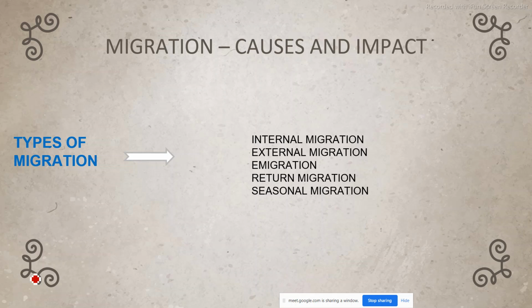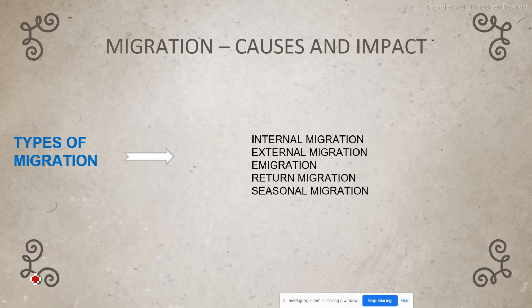Their headquarters used to move from Delhi or Kolkata to Shimla. And then when the season was right, for example winter, they used to move back from Shimla to other places. This is called seasonal migration.